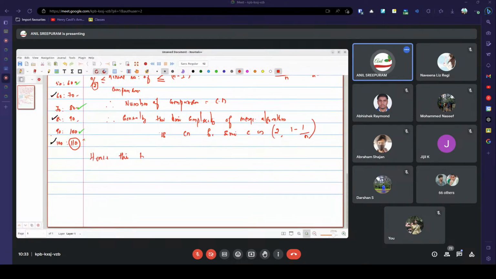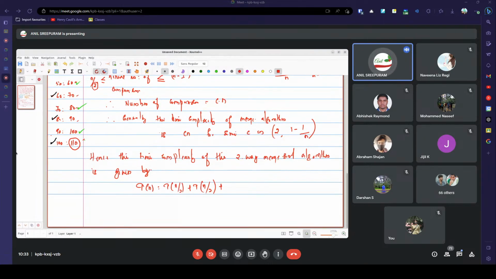Using this fact, hence, the time complexity of the two-way merge algorithm is given by T(n). What is T(n)? T(n) equals T(n by 2) for the first part plus T(n by 2) for the second part.